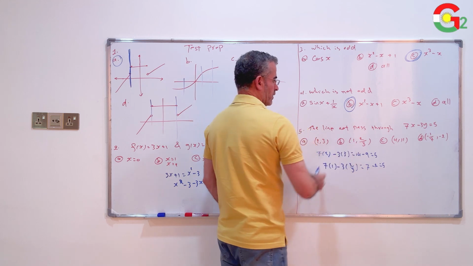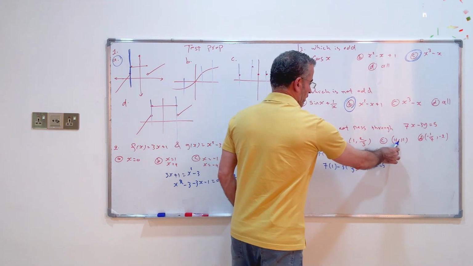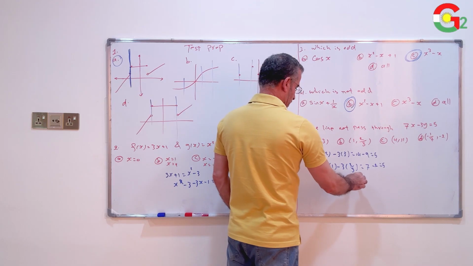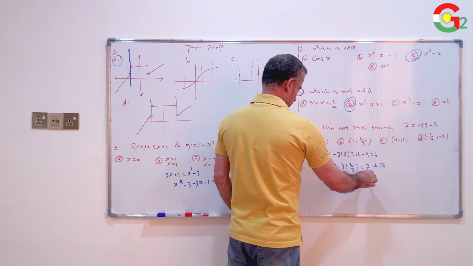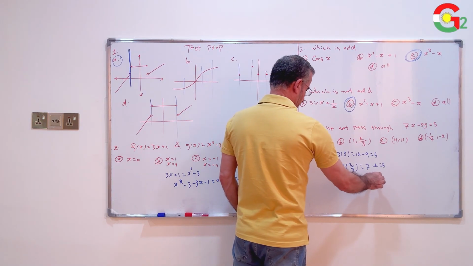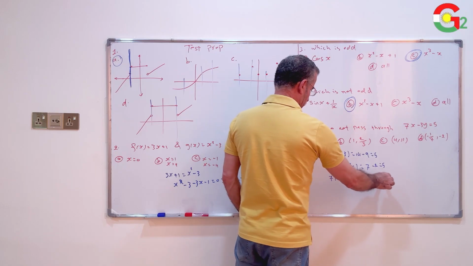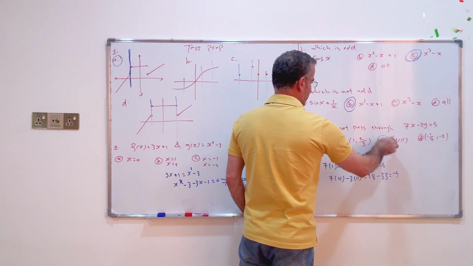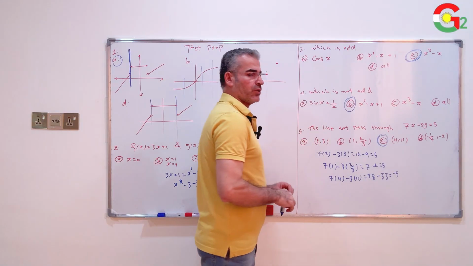So this point also passes. 7 times 4 minus 3 times 11 equals 28 minus 33, which is negative 5. This point does not pass through the line.